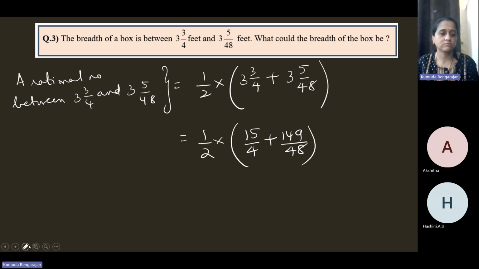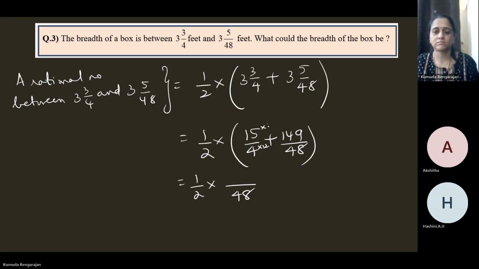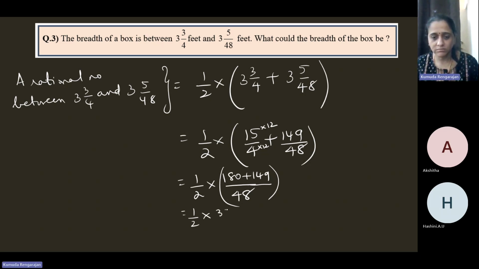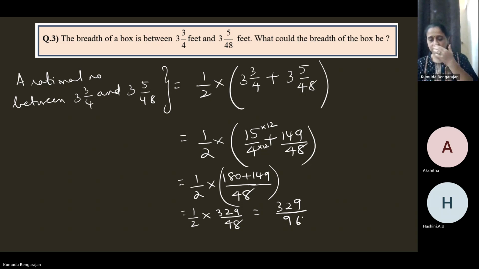And 3 by 3, 9 by 48. What's the LCM? 48. It's just inserting a number between these two numbers.